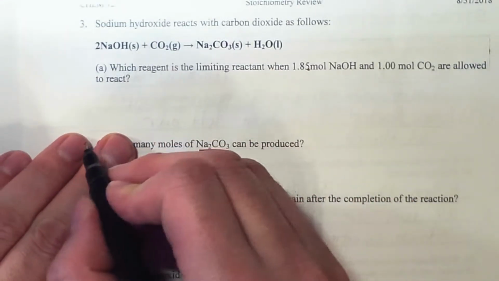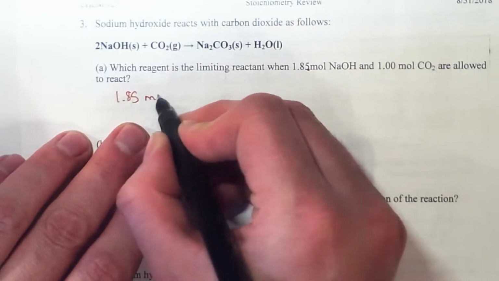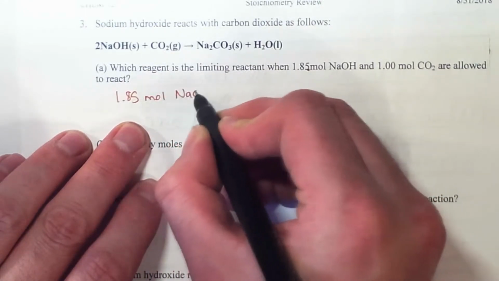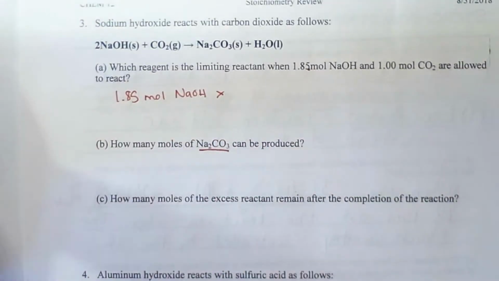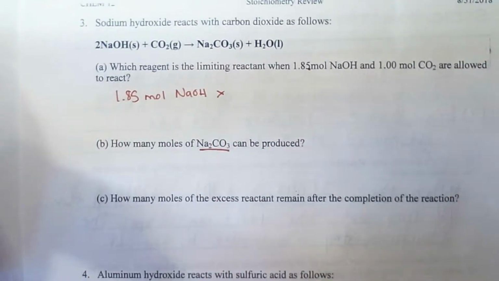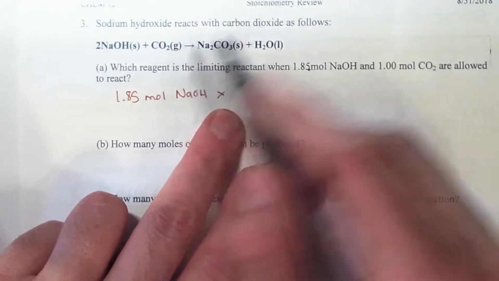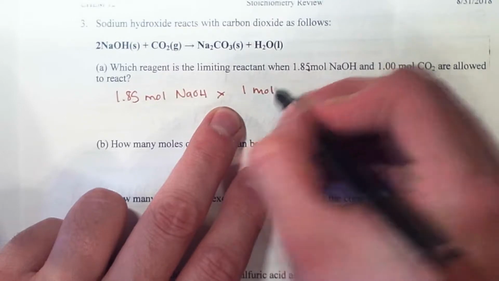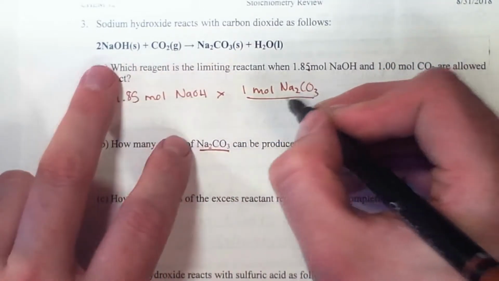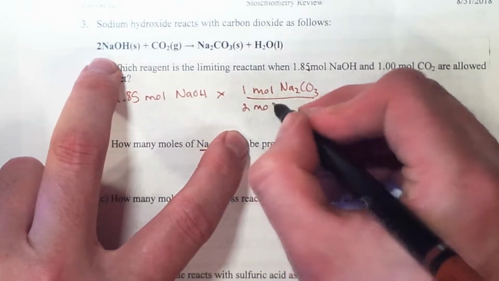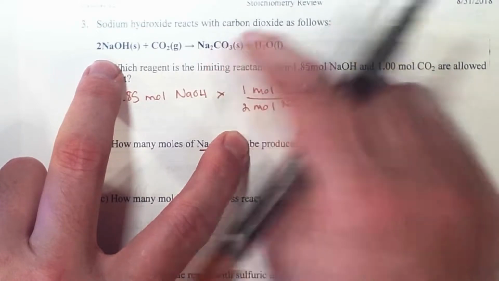So we'll start with sodium hydroxide, 1.85 moles of sodium hydroxide. It's already in moles, so if we were in grams, we'd have to go grams to moles to start. We're already in moles. So I'm going to do 1 mole of sodium carbonate for every 2 moles of NaOH, remembering that what we want to find we put on the bottom.